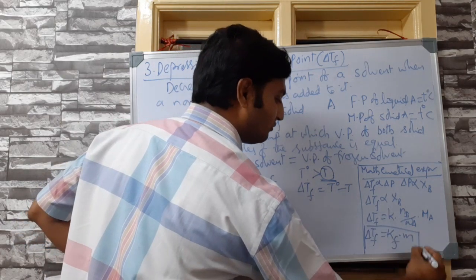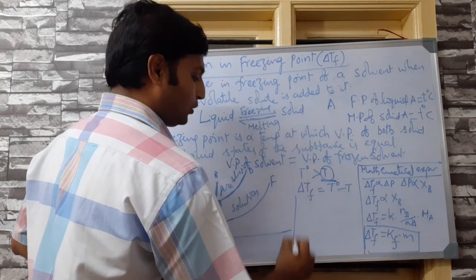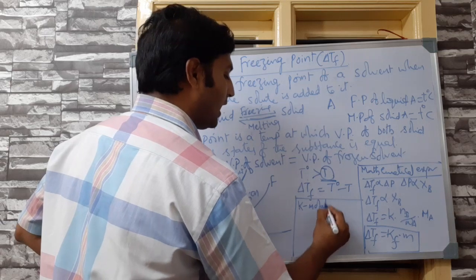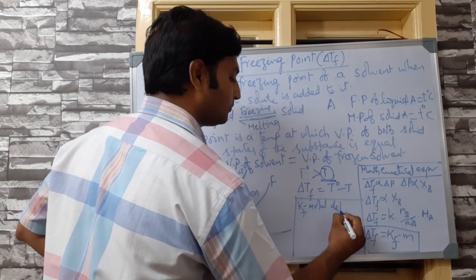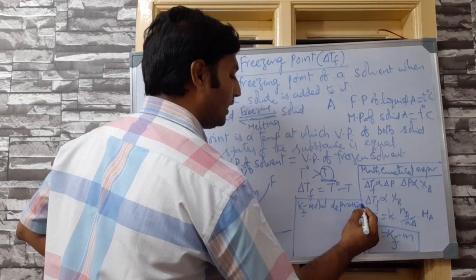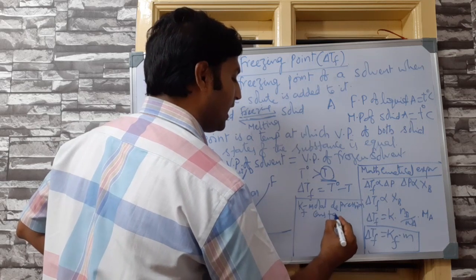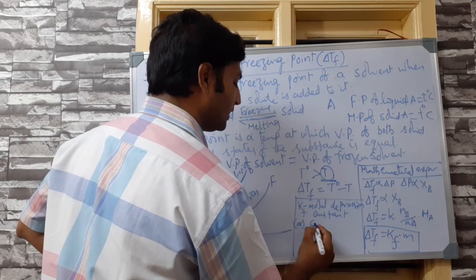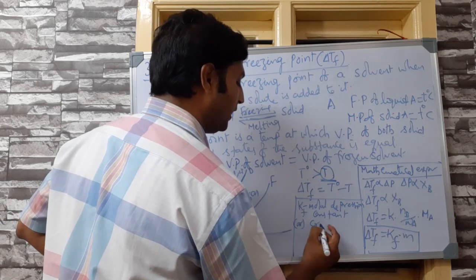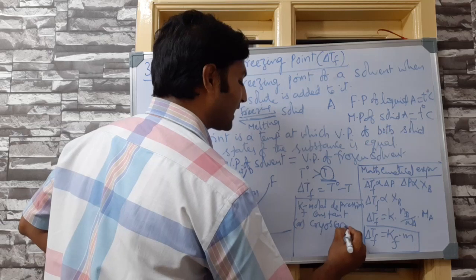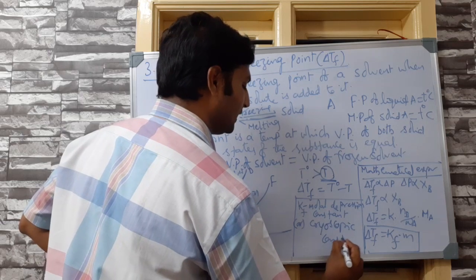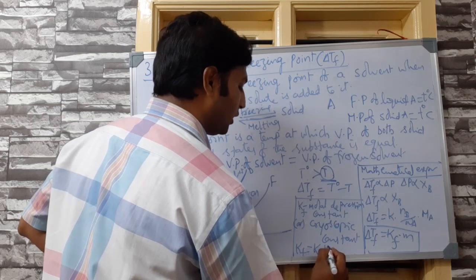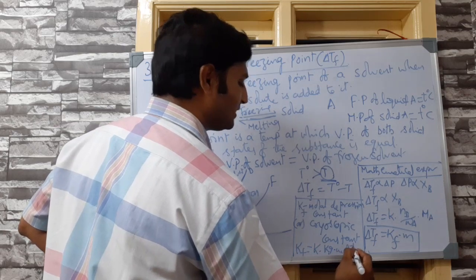So delta Tf is equal to Kf into m, where Kf is called molal depression constant, or otherwise called cryoscopic constant, because this process is called cryoscopy. That's why the constant is called cryoscopic constant. Now units of Kf also will be Kelvin kilogram per mole. There is no difference here at all.